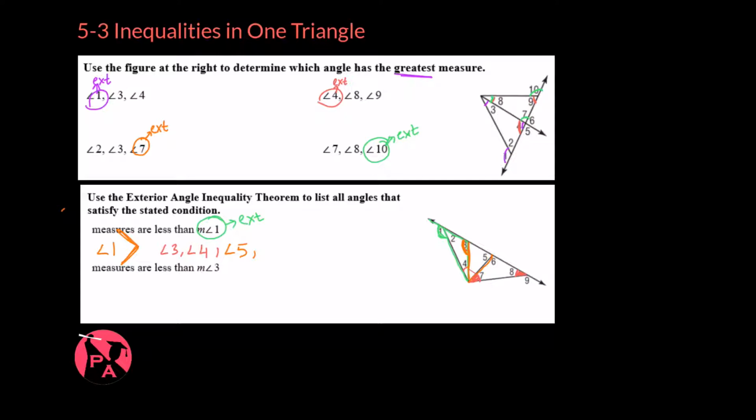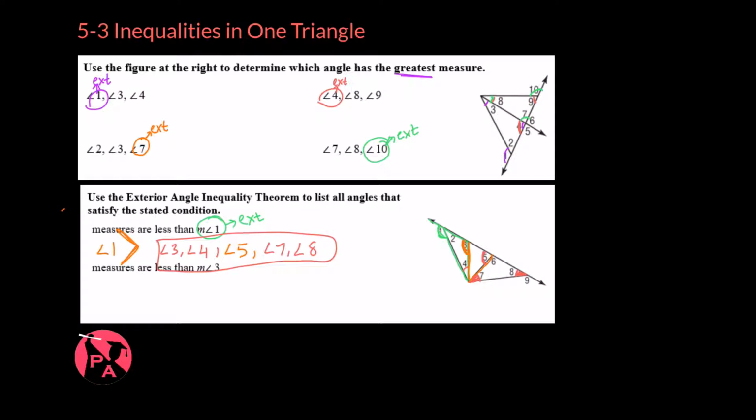Because if we just look at these three angles, 5, 7, and 8, 5 is outside of this triangle, that's why it's the exterior angle, but 7 and 8 are remote interiors. That's why they are less than angle 5. So if they are less than angle 5, they are definitely less than angle 3, and they are definitely less than angle 1. So these are all less than angle 1.